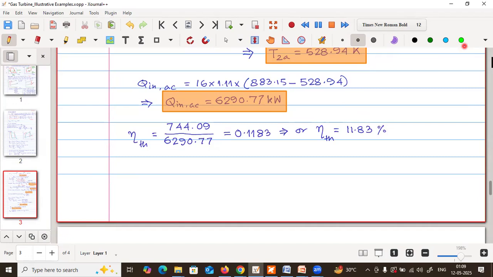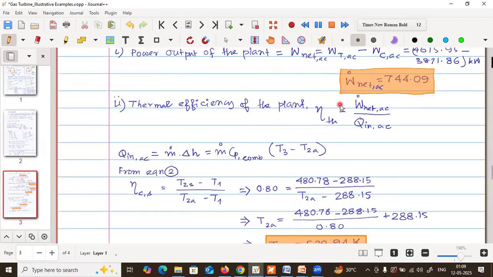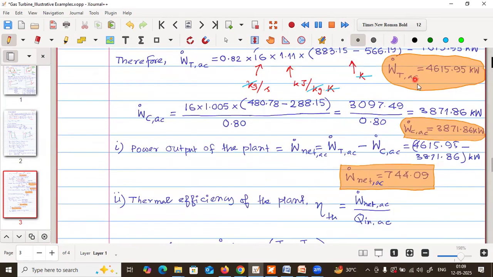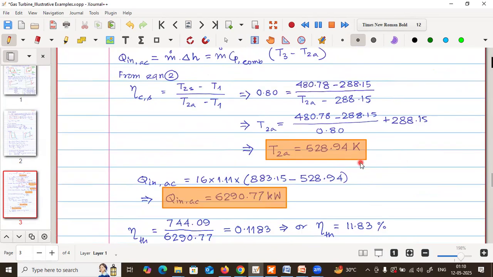It is very less, although that is one disadvantage of a gas turbine system where the compressor work is a substantial amount of the turbine work output. So you see the turbine work output is this one, but the compressor work is most of that. Okay.